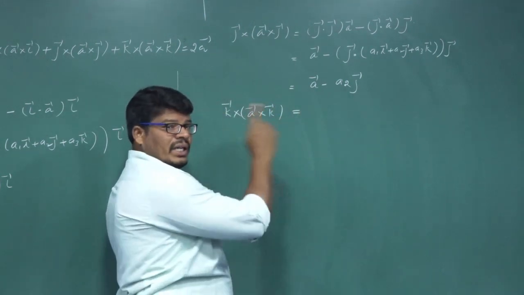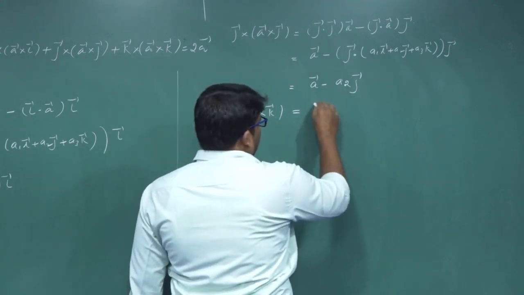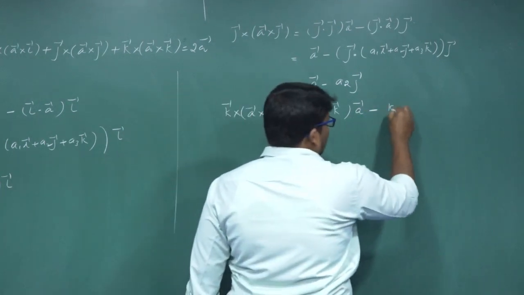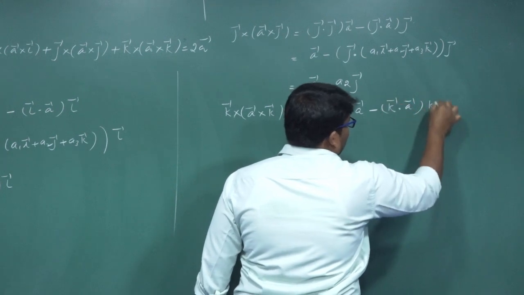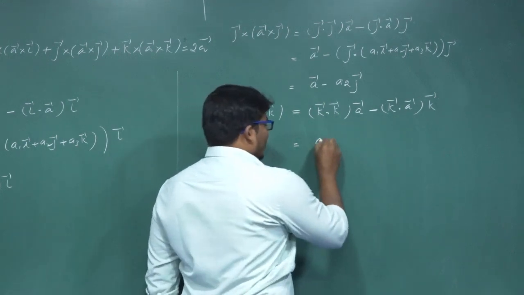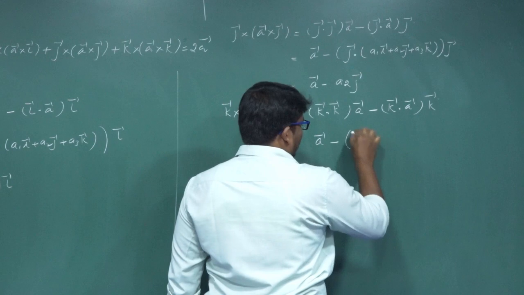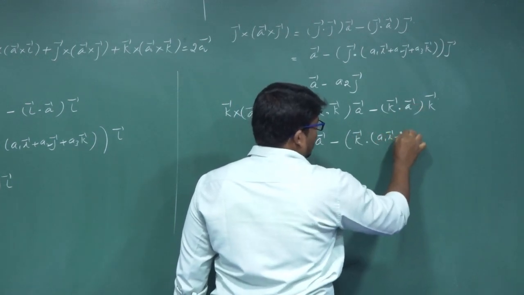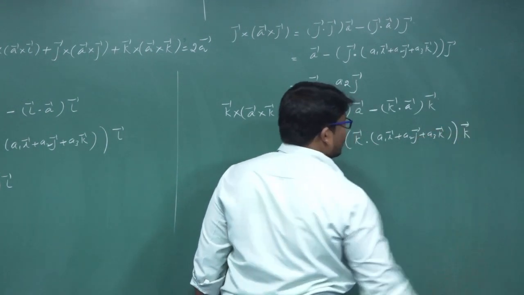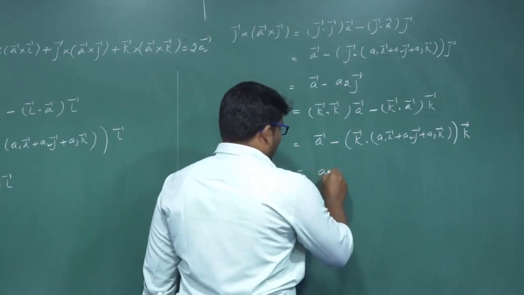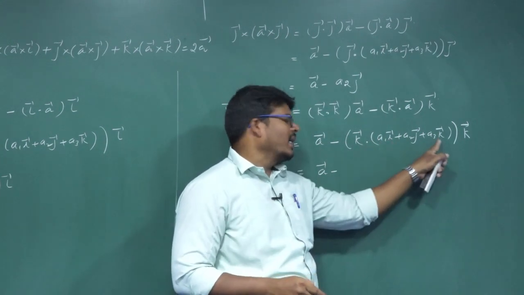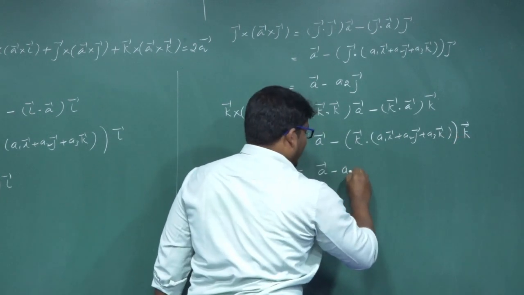Using the expansion, k dot k into A vector minus k vector dot A vector into k vector. k dot k is 1, so it is A vector minus k vector dot A1 i plus A2 j plus A3 k into k vector. k dot k is 1, otherwise 0, so 1 into A3 is A3, giving A3 k vector.